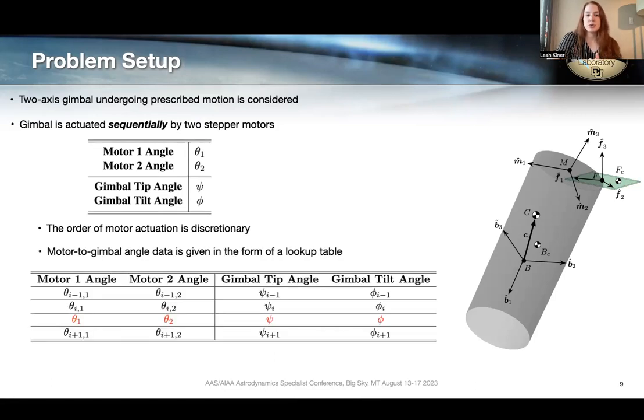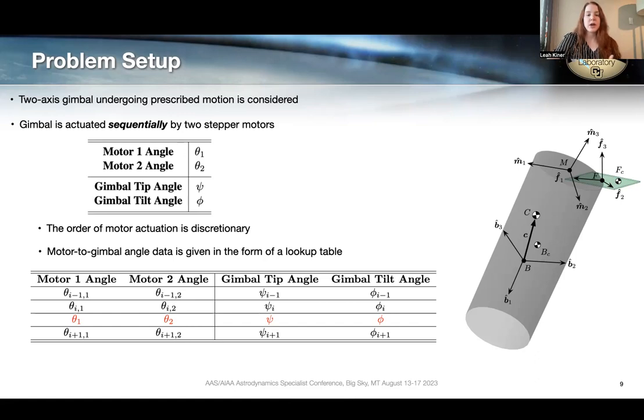To prescribe the states of our gimbal, we are using a motor to gimbal angle lookup table that is provided by the two-axis gimbal manufacturer, where for any combination of motor angles, we can determine the gimbal tip and tilt angles, those Euler angles.